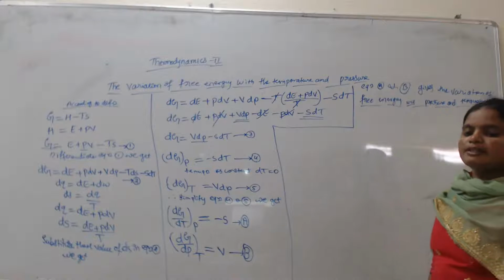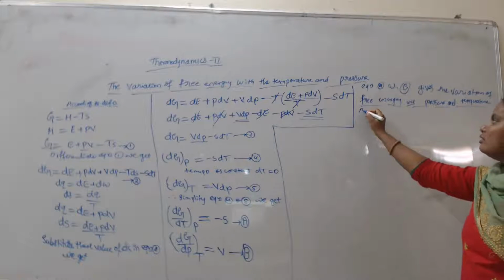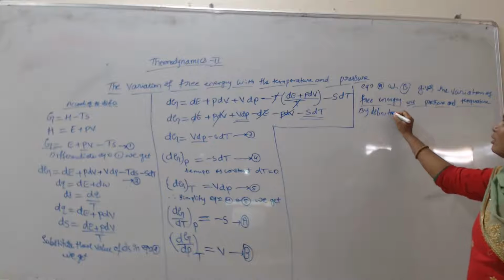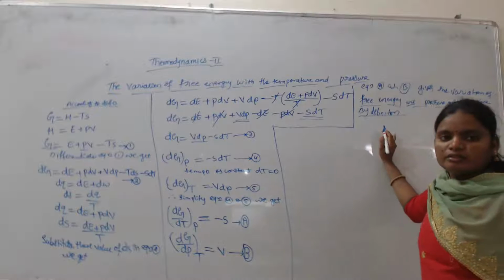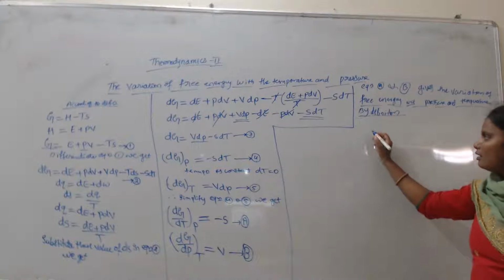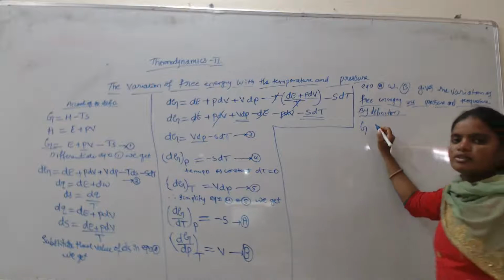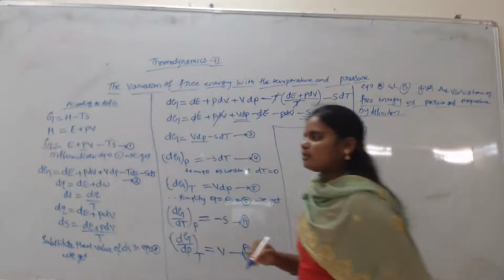By the definition of free energy, the equation is G is equal to H minus TS.